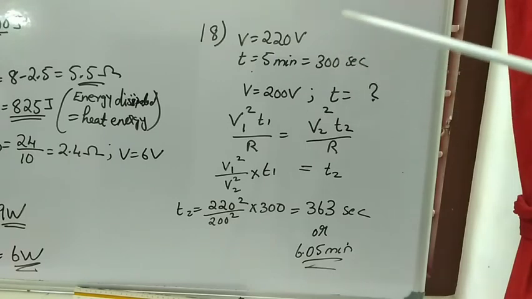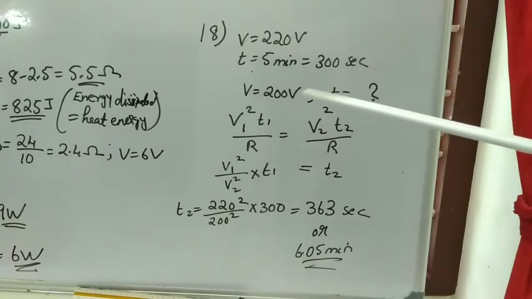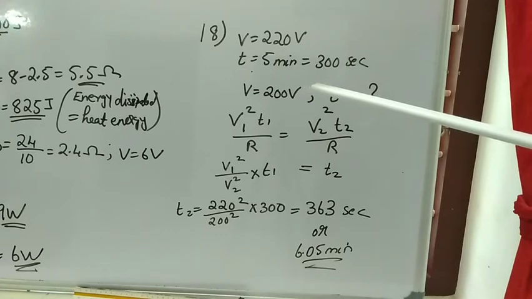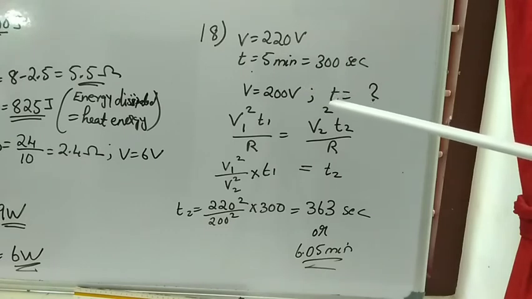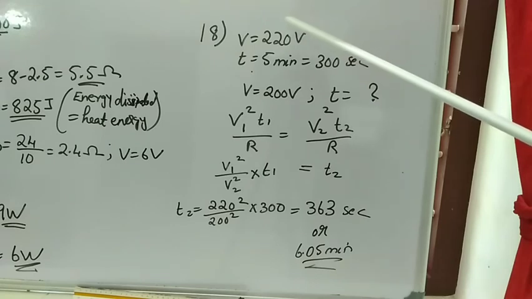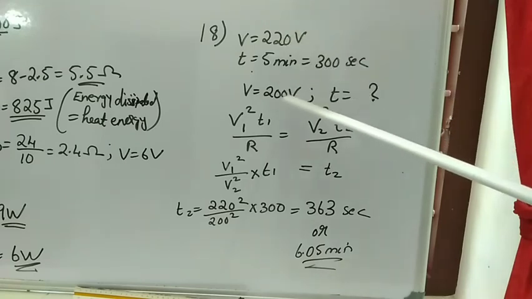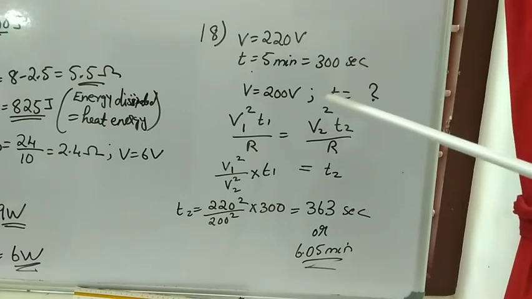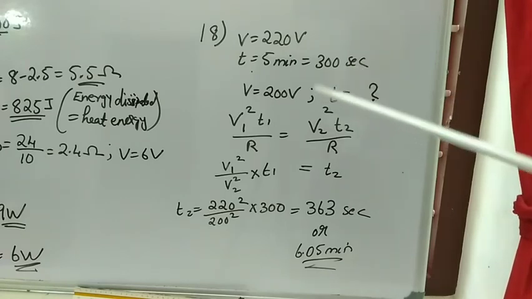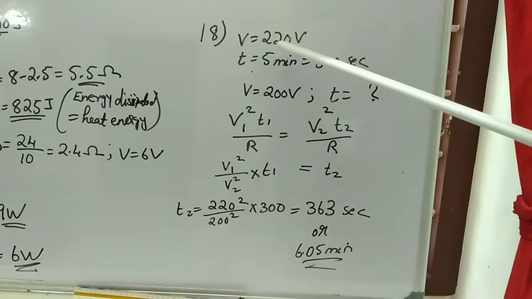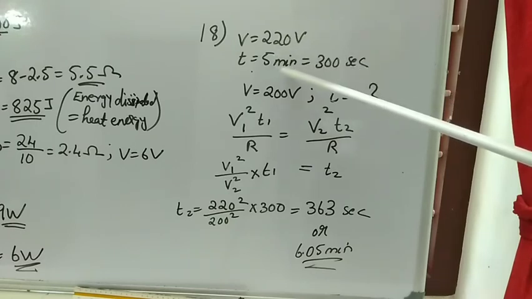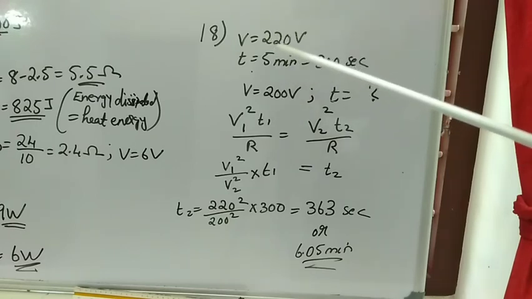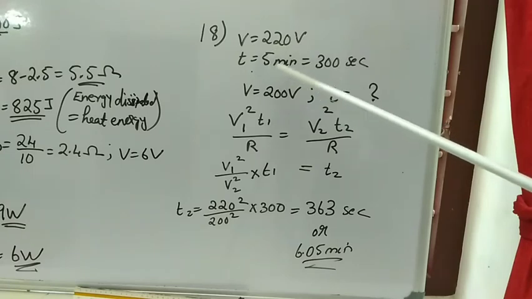Now our question is, how long will it take if the supply voltage falls to 200 volt? So instead of 220 volt, if the voltage is 200, how long will it take to boil the water? From the question it is clear that if the supply is 220 volt, time is 5 minutes.